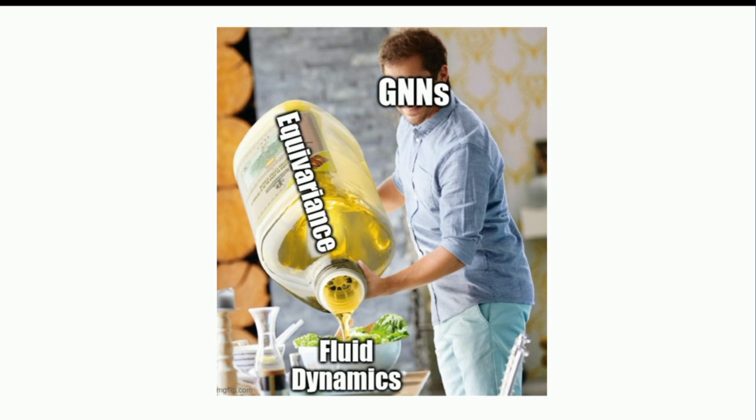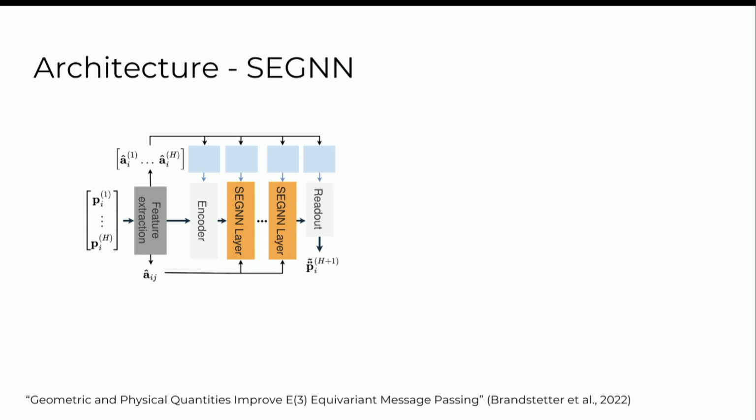And so we can achieve this perfect equivariant mapping between inputs and outputs with equivariance. One of the methods that came out last year, on arXiv 1.5 years ago, is the steerable E(3)-equivariant graph neural network by Johannes Brandstetter, Max Welling, and so on.